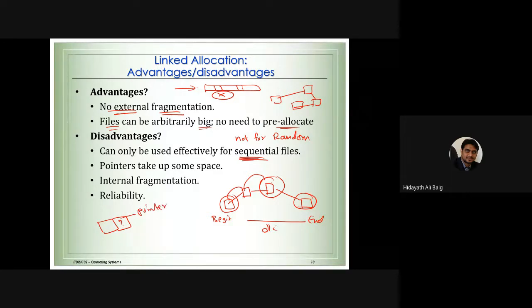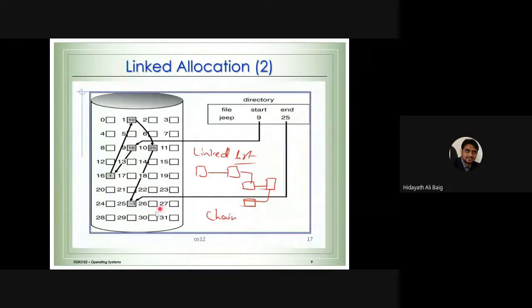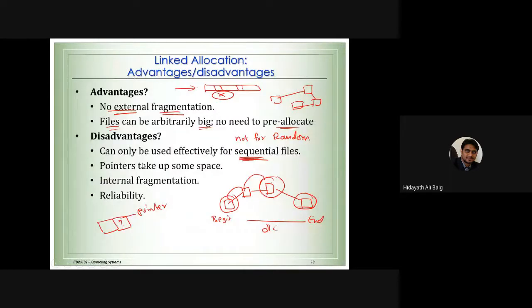So if you see the picture here, this block contains the data plus a pointer telling that the next block is block number 16. So if I go to block number 9, the data will be here, and here we need to mention the pointer that the next block is block number 16.